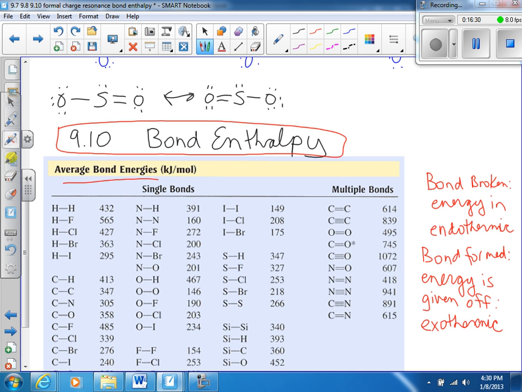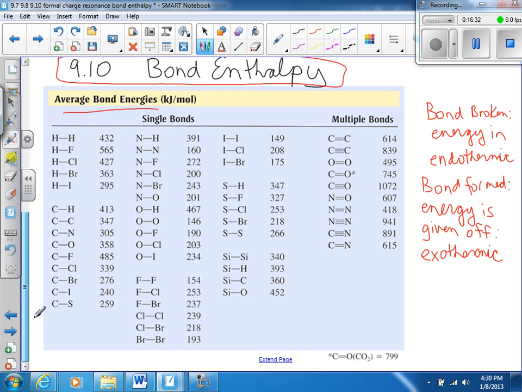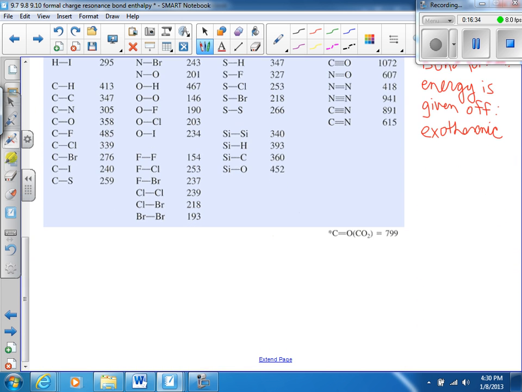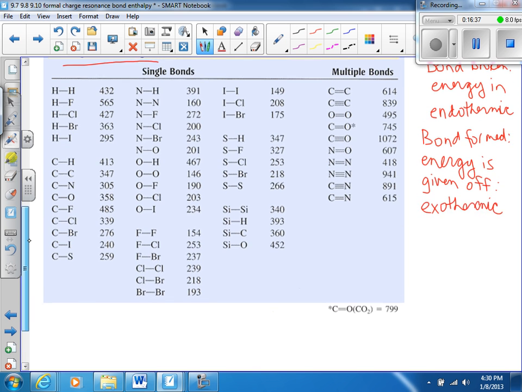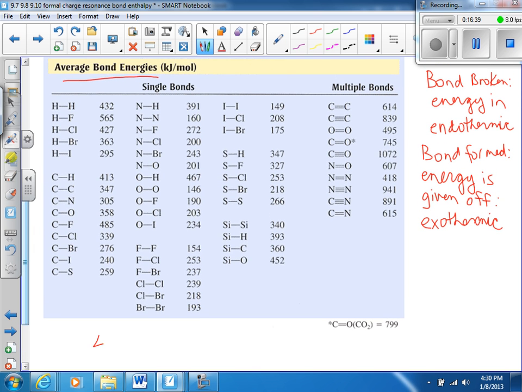So now, if we're going to use bond energies to calculate the heat of reaction for a reaction, then the enthalpy of reaction, heat of reaction, is going to be the sum. Now, let's think. Endothermic, bonds broken. Are your reactants broken or are your reactants formed? Do we break bonds of the reactants?